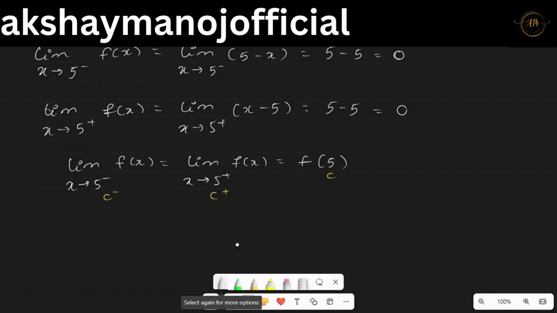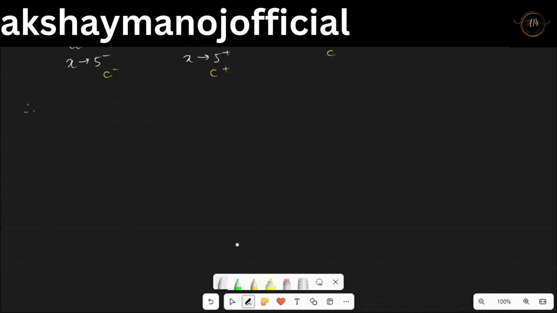Yes. So therefore, f is continuous at x equal to 5, right?